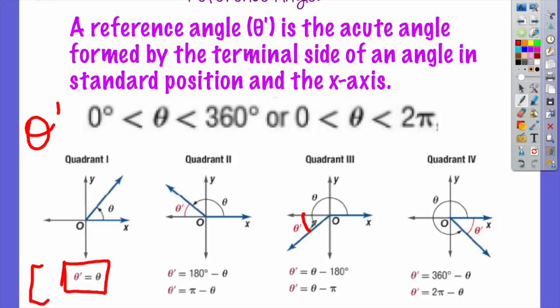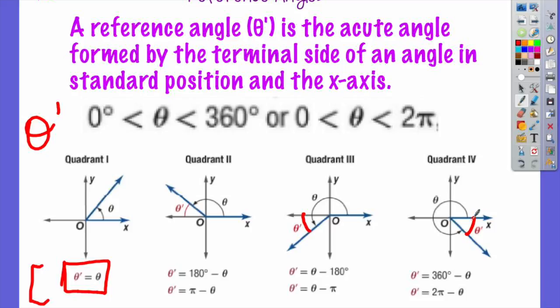And if you're in the fourth quadrant, you can determine that's x number of degrees away from the x-axis, or you can do 360 minus theta, or 2 pi minus theta. But no matter what, reference angles are always acute.